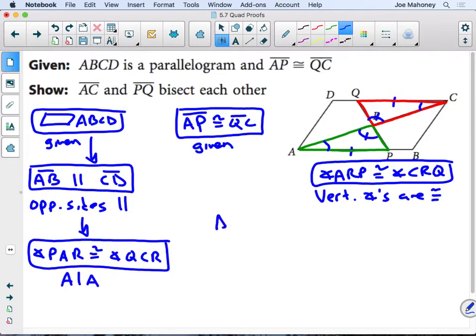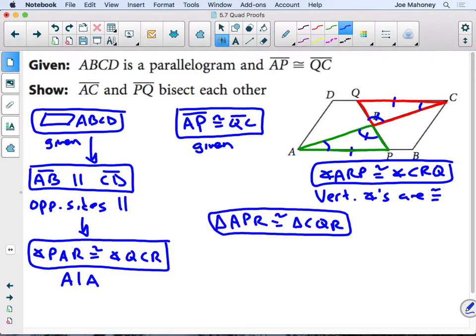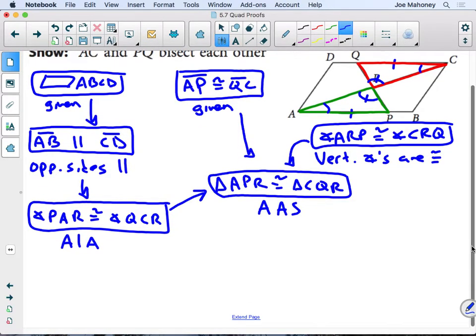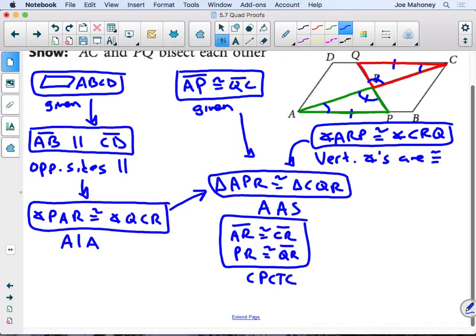So I'm going to say that triangle APR is congruent to triangle CQR, and those 2 triangles are congruent by angle, angle, side, AAS. So again, my plan was to get the triangles congruent, and then by CPCTC to say that AR is congruent to CR, and in the same step, I'm going to say that PR is congruent to QR, because it's true by the same reason, CPCTC.